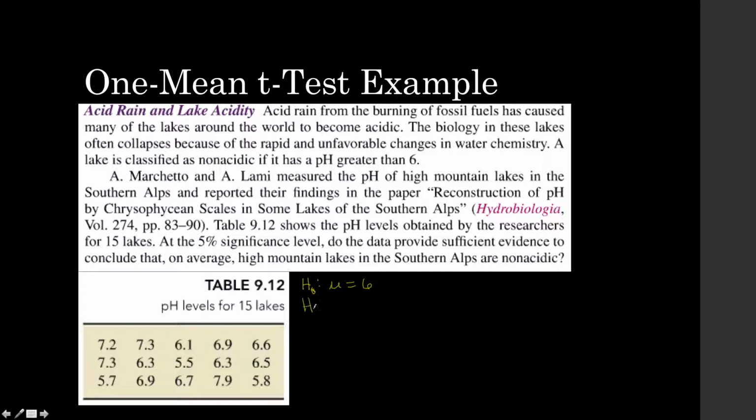The alternative, which we're testing here, is if our mean is greater than 6, because greater than 6 would mean that it's non-acidic. So what this tells me automatically, the one thing I see, is that it's right-tailed.